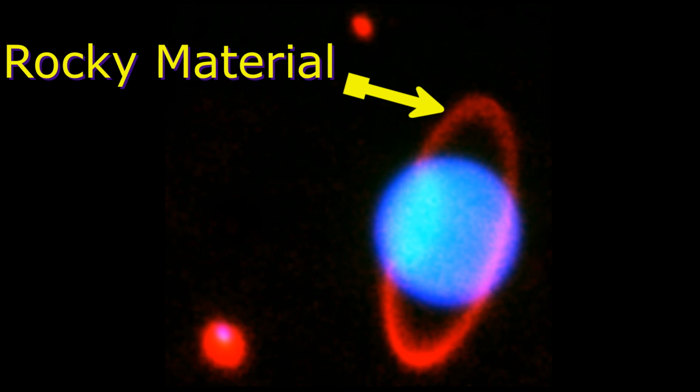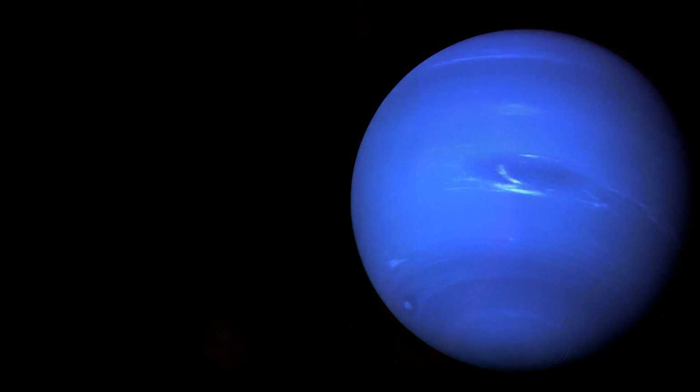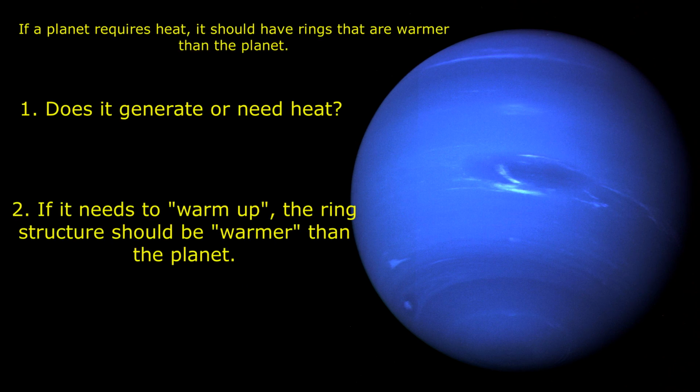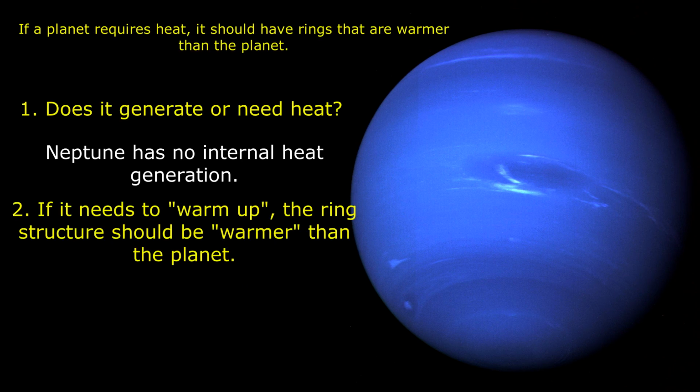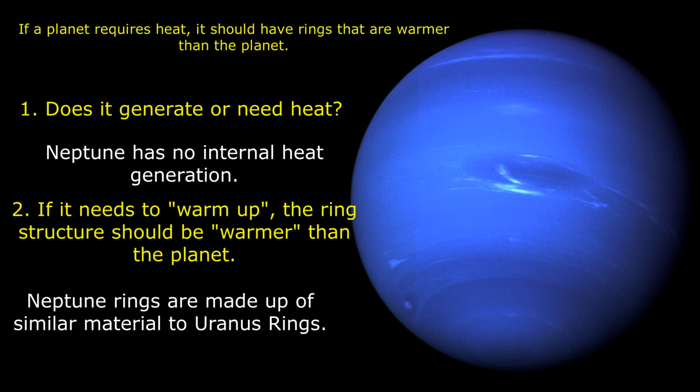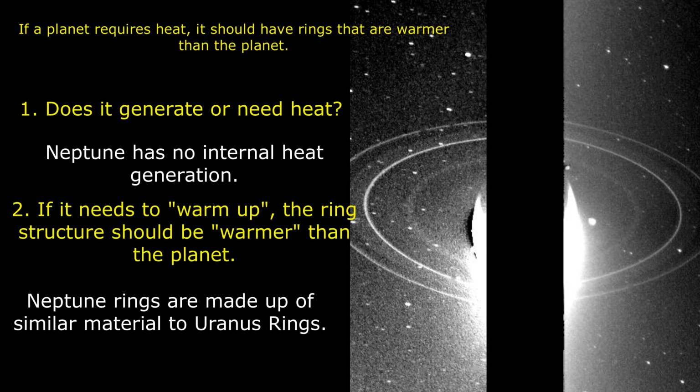All right, our final gas giant is very similar to Uranus: Neptune. Again, it doesn't generate any heat, and the rings have to be warmer than the planet itself. Now, unfortunately, I can't find any good pictures, but I do know the material is identical to Uranus, and if it's identical to Uranus, it's going to function the same way.